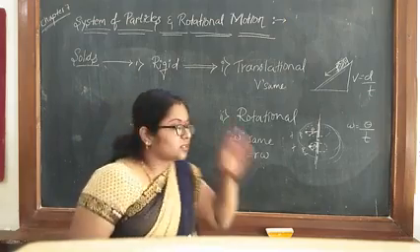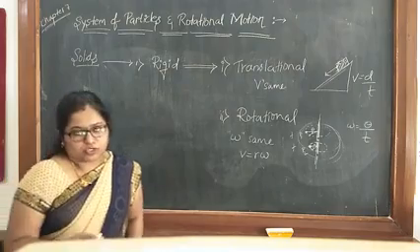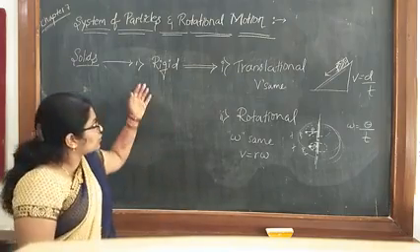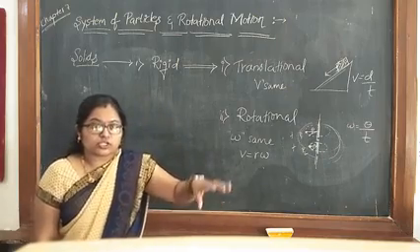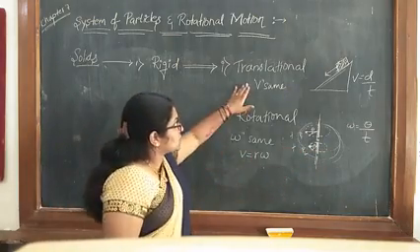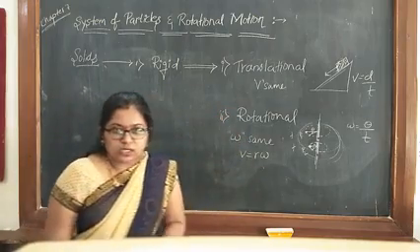This is how the rigid body shows its motion. The rigid body will undergo motion in two kinds, that is translational motion and rotational motion, and this is about both of the types.